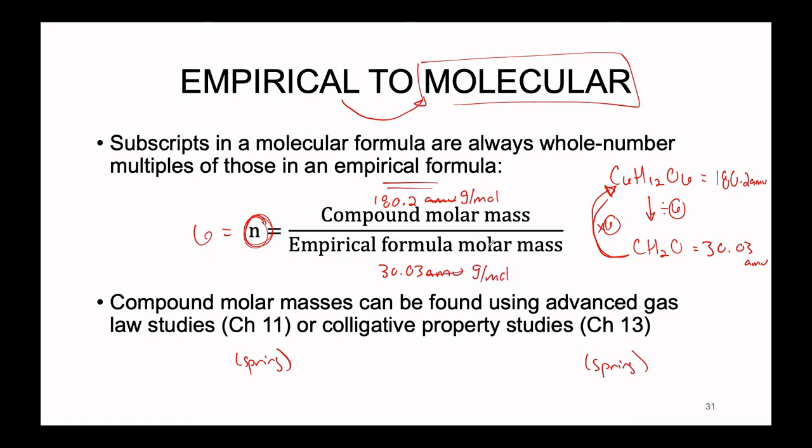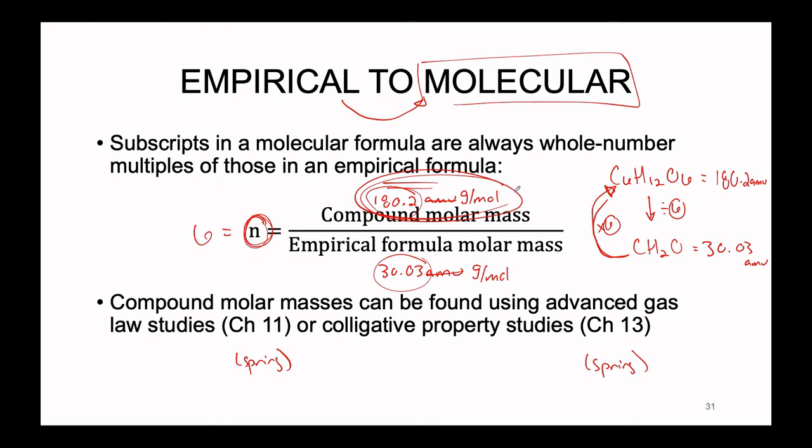So long as we are working with the same unit, where again these values numerically can be found by looking at the periodic table, I will be giving you compound molar masses, and in the spring, we'll be learning how to actually find them experimentally for ourselves. That's going to be pretty fun, but we're just going to put a pin in that for now.